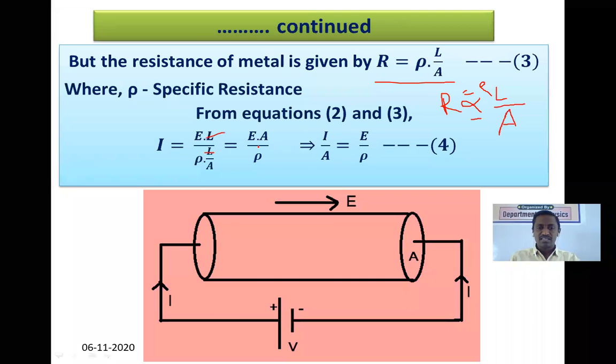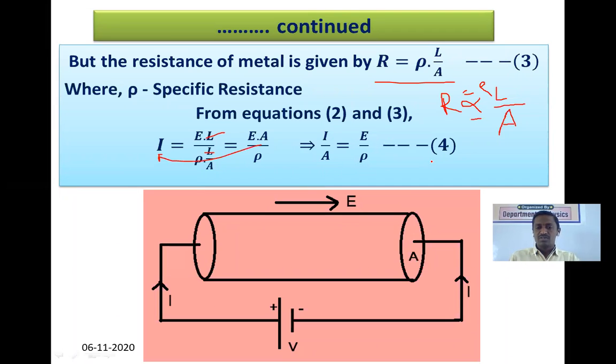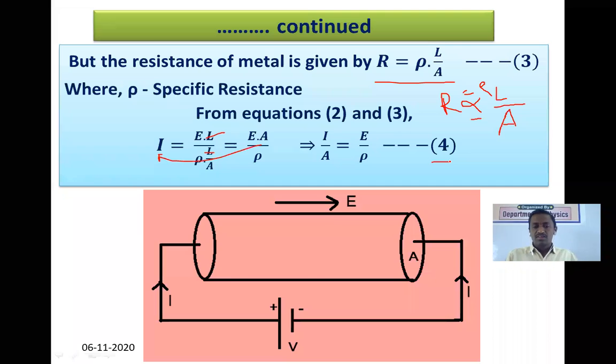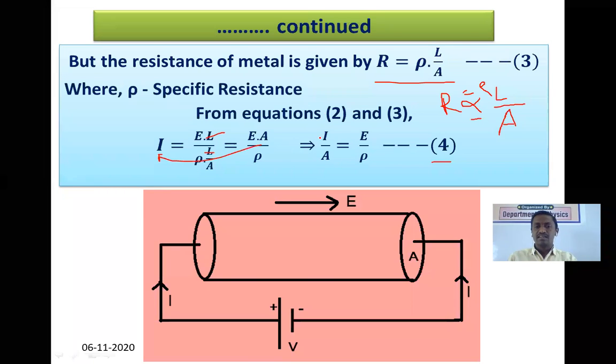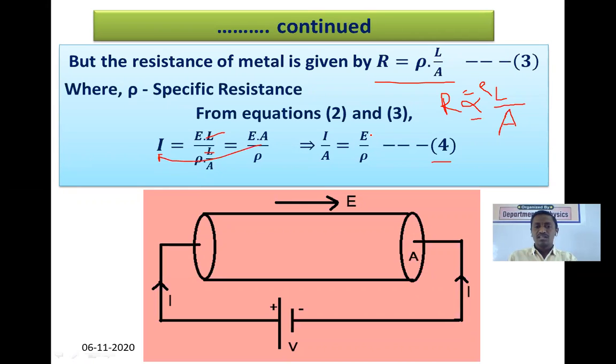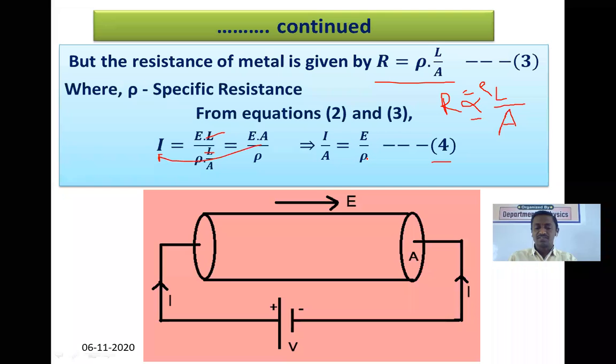If we take this A to the denominator side of the LHS, the equation becomes I upon A equals E by rho. That is our equation number 4. So this I by A, the ratio of current to area, is current density. Current density is equal to electric field per unit resistivity.